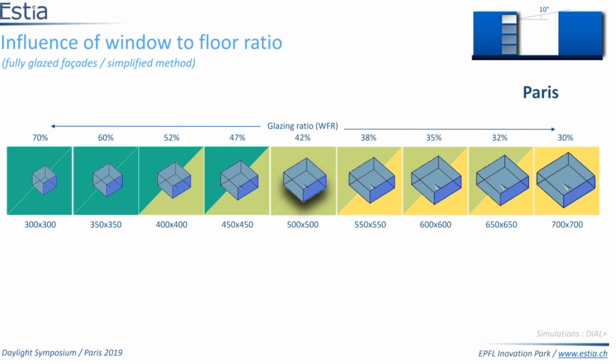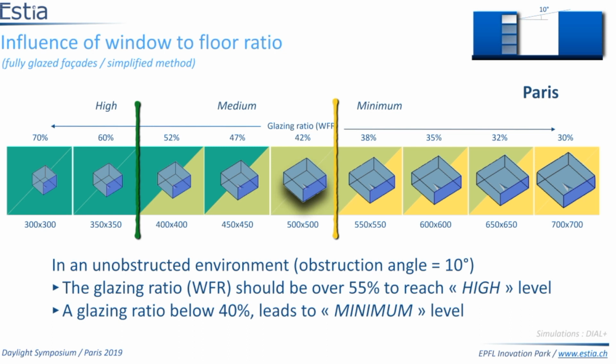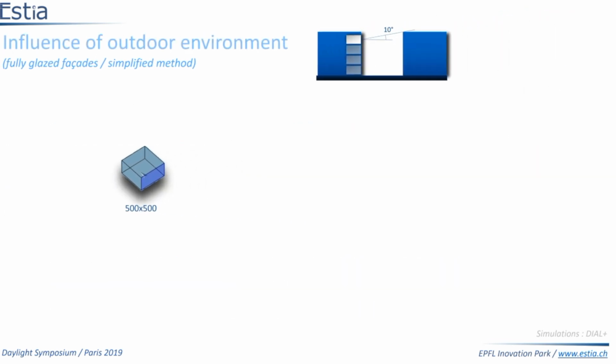What we can see is that if we aggregate median and minimum ranking, even in an unobstructed environment, it's not so easy to reach medium ranking, and if you have a glazing ratio lower than 40%, then you're supposed to reach only the minimum ranking.